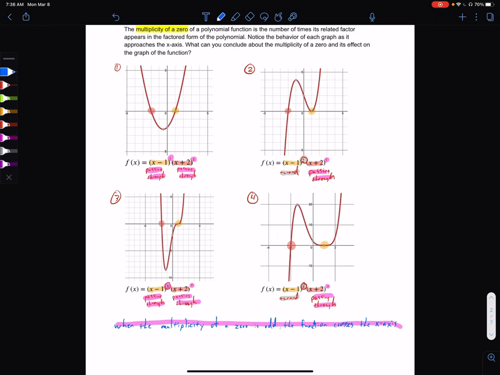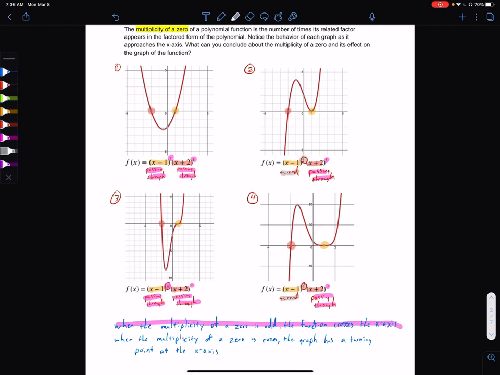Now, when the multiplicity of a zero is even, something different will happen. The graph has a turning point at the x-axis, where that zero would be.